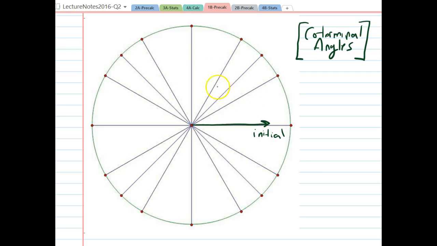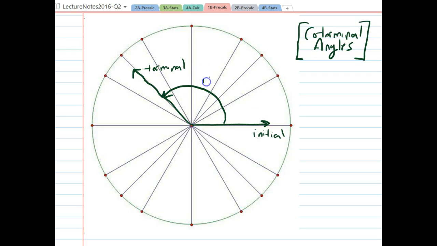If I decide to rotate 135 degrees, positive 135 degrees is rotating 90 and then another 45. And so basically I have this angle created. It has an initial side and it has a terminal side.